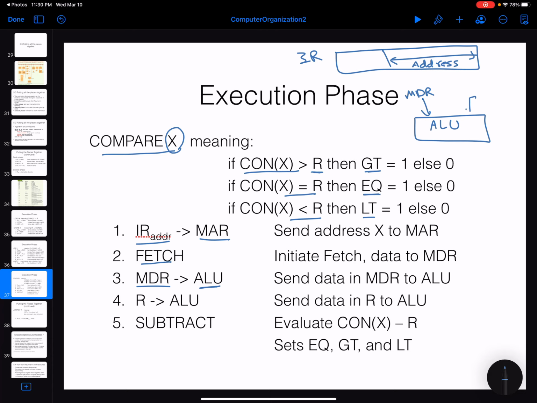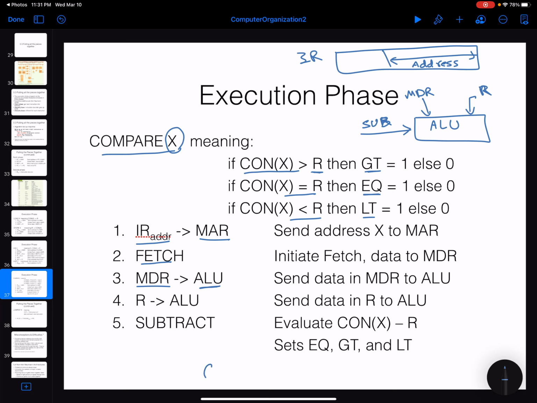Also, the value of the register R will be sent to the ALU. And then the instruction signal that will be sent to the ALU is going to be the subtraction. So inside the ALU, we calculate the content of the memory address X minus R. What does this tell us?